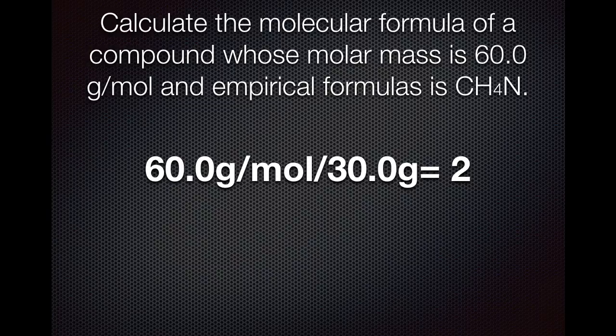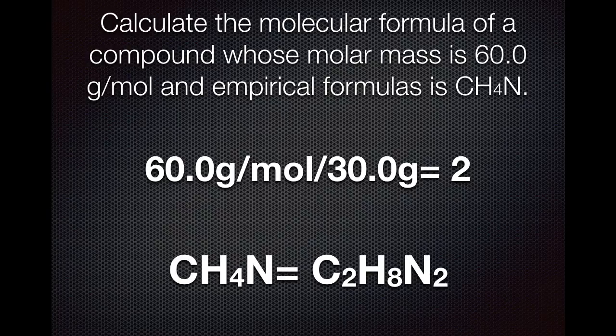That means all I have to do is double every element in that empirical formula. Since I started with 1 carbon, 4 hydrogen, and 1 nitrogen, and I got 2, I have to double everything. So instead of CH4N, it would now be C2H8N2.